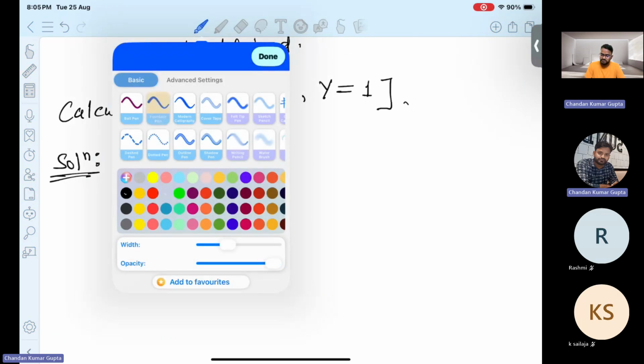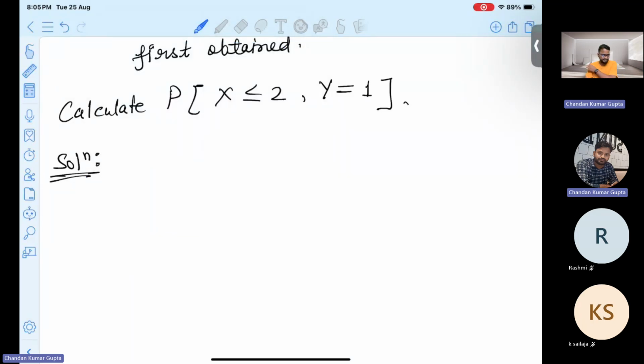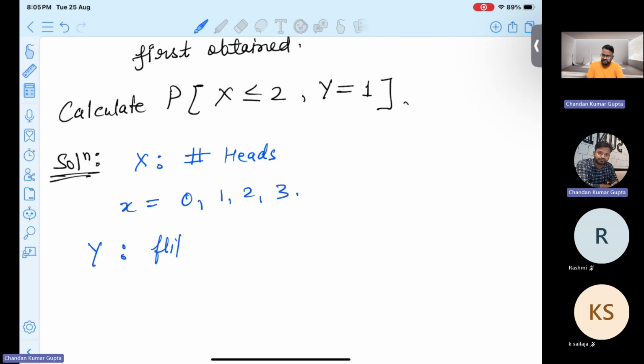Let me know if you are not able to understand the question. Here, obviously, X is the number of heads, so X can take values 0, 1, 2, and 3. Y is the flip number at which the first head is obtained, so Y can take any value.